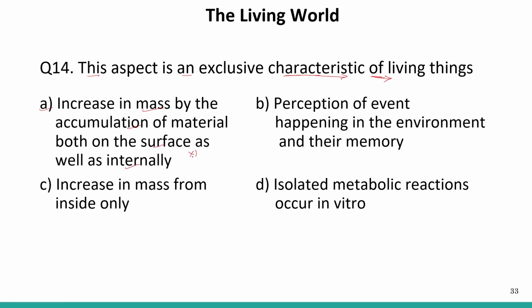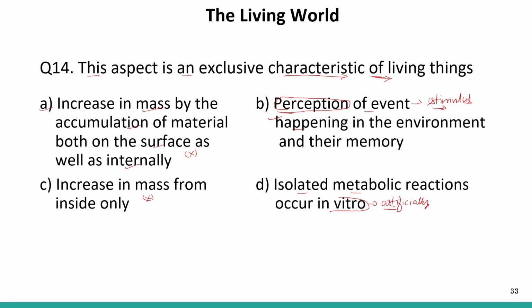So this option is not correct. Second is perception of the events happening in the environment and their memory. So one of the properties of living beings is perception. Perception of what? Of any stimulus. They can respond to a stimulus, living beings. So this option should be correct. Now increase in the mass from inside only, again not correct. And the fourth option is isolated metabolic reactions occurring in vitro, meaning artificially, which is also not correct.